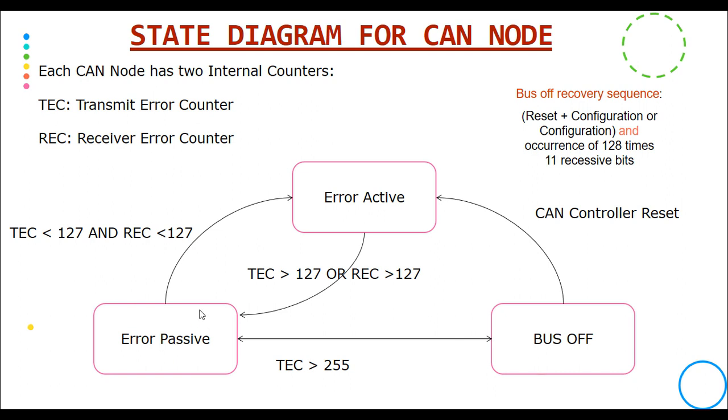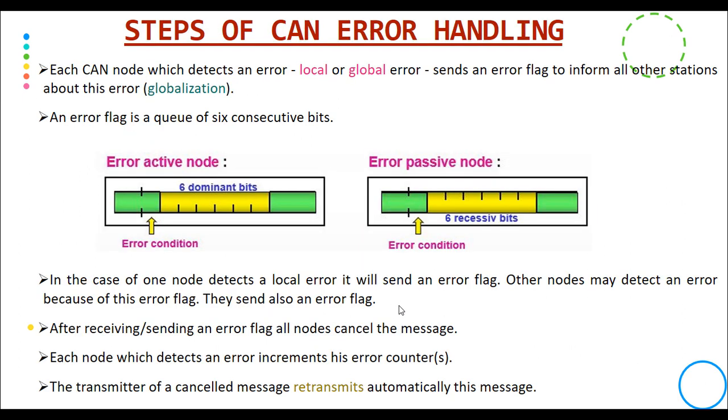Say if a node is transmitting too many error frames, in such case TEC crosses 255. In such case it will go into bus off state. Once the CAN controller resets the node, it will move from bus off state to error active state.